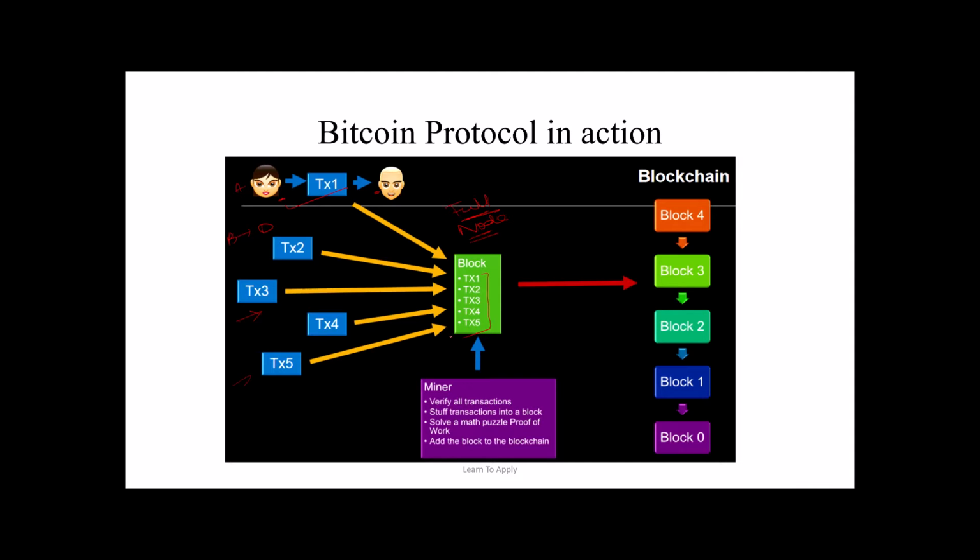So this is the miner. They verify these transactions are okay, set all those transactions in a block, and solve the puzzle of proof of work. We are going to go into this proof of work later in this video lecture series. They try to add this block to the blockchain. Finally they broadcast it.